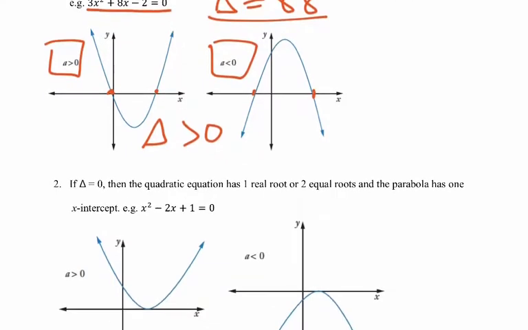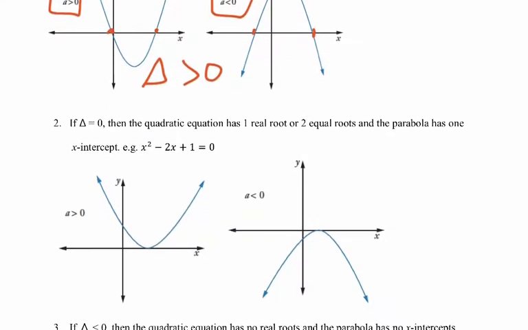Now, what if delta is equal to 0? Well, if delta is equal to 0, then you have 1 real root, or we can say 2 equal roots. And we gave an example of this quadratic equation. If I write that down as a factorised quadratic, there we go.